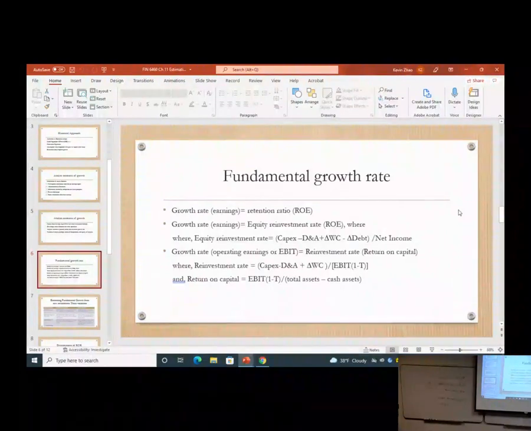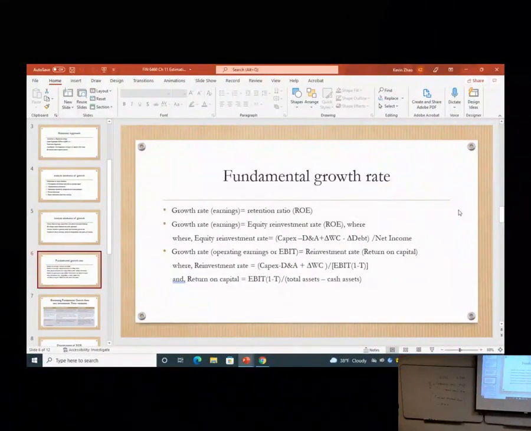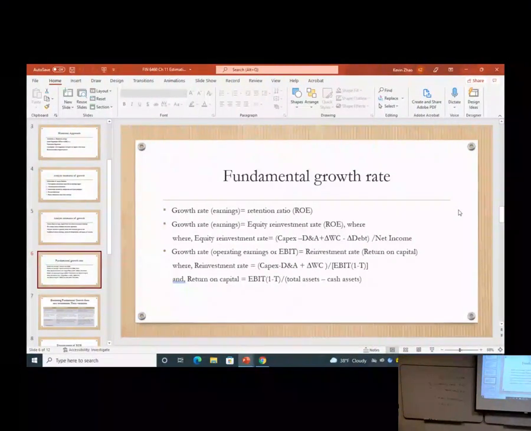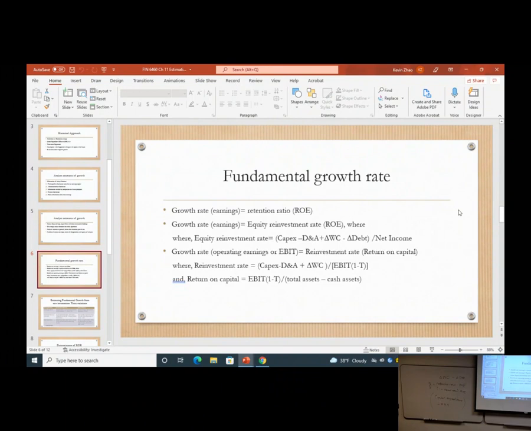Why is that? Because later on in your financial models, you need to make certain estimations for this G, right? In your spreadsheet. And also you need to make this G consistent with other items, such as CapEx and cash flows.